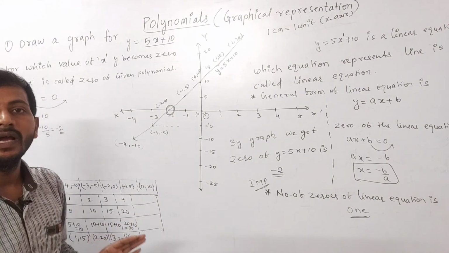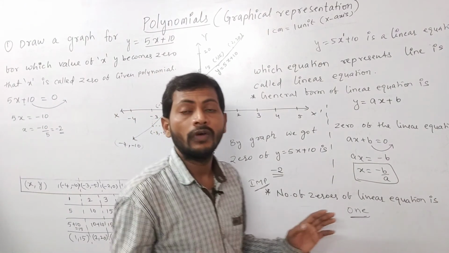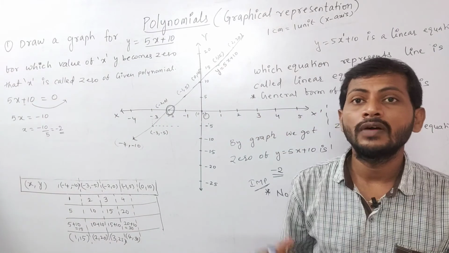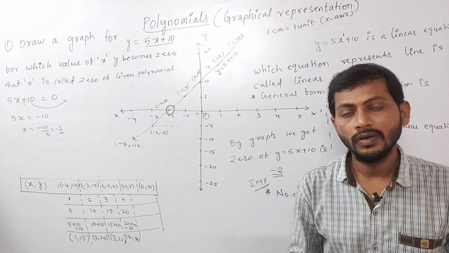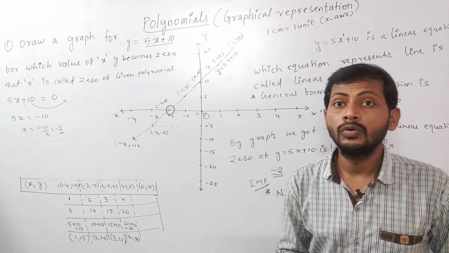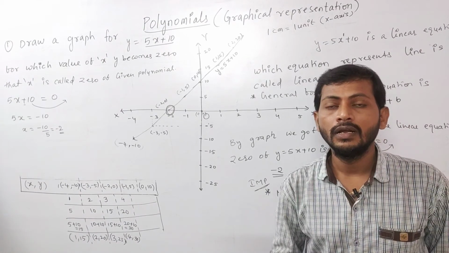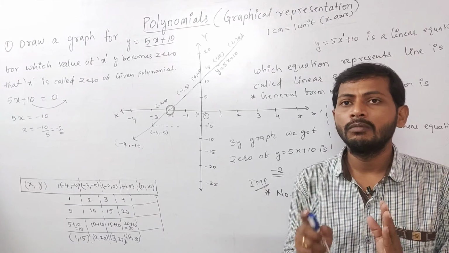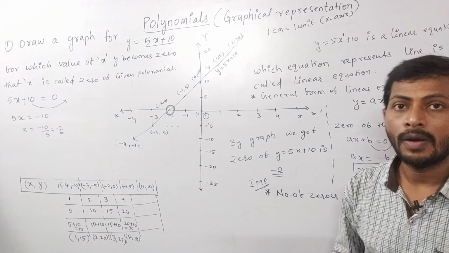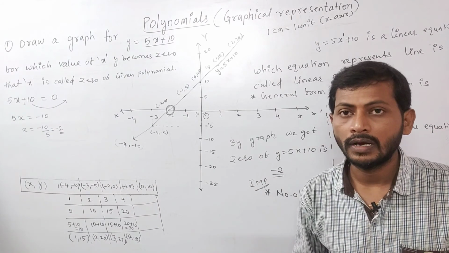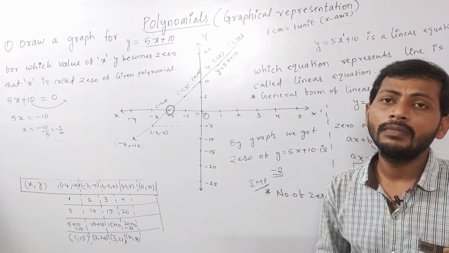This is about drawing the graph, otherwise finding the zeros of the linear equation. Shall I give one or two questions for you? Okay. In exercise 3.2, the third bit is there. If any questions are there about the linear equation, do it. This is generally asked for competitive purposes also, in the NTSE exam.